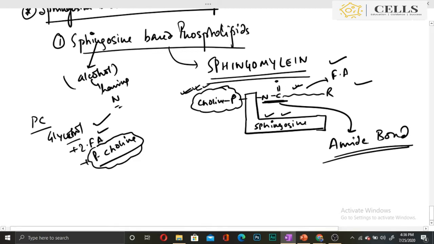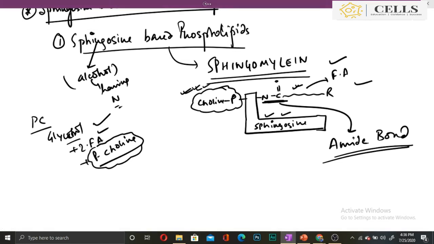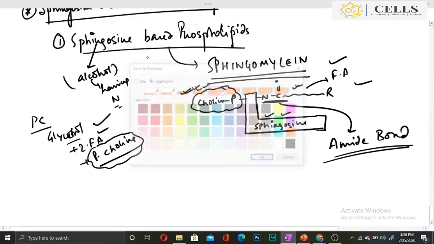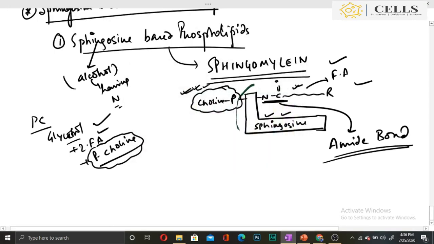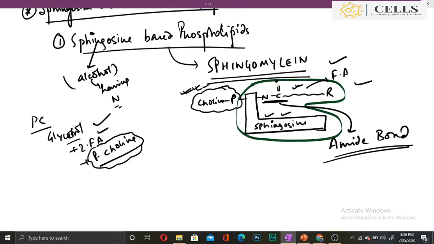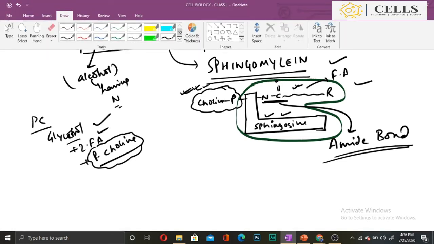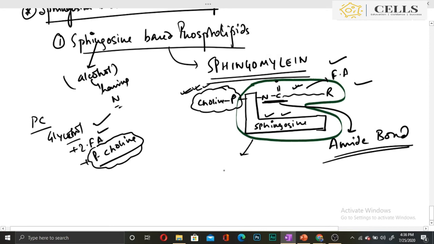If a question asks in this manner, see this very carefully. What is this part? This is the phosphocholine part. This part means sphingosine plus one fatty acid. It is called ceramide.